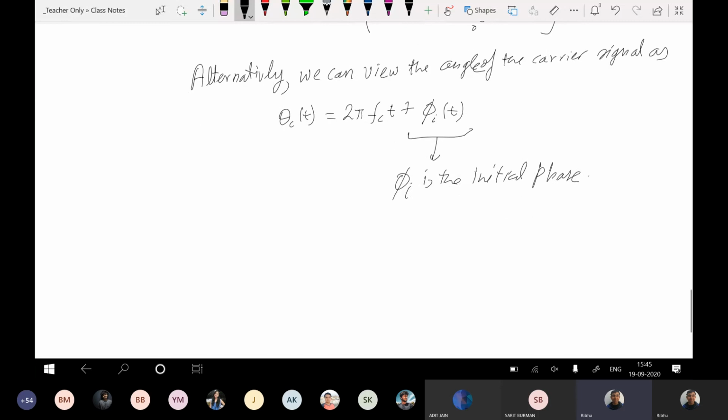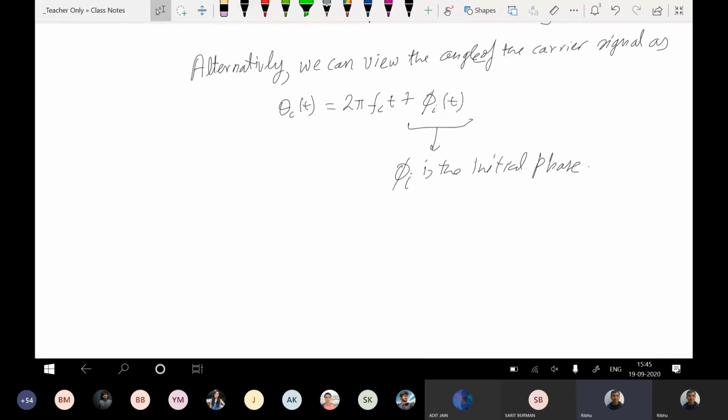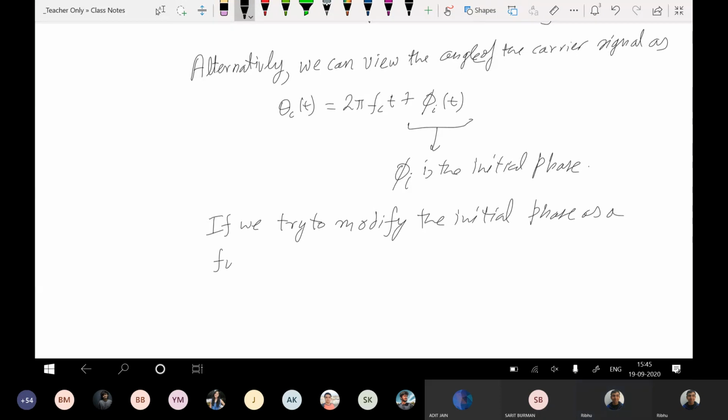So if we keep the frequency constant and try to modify the initial phase as a function of time, we achieve phase modulation.